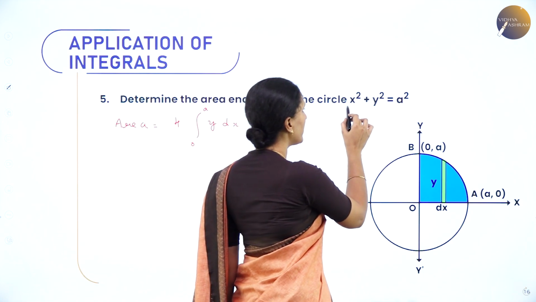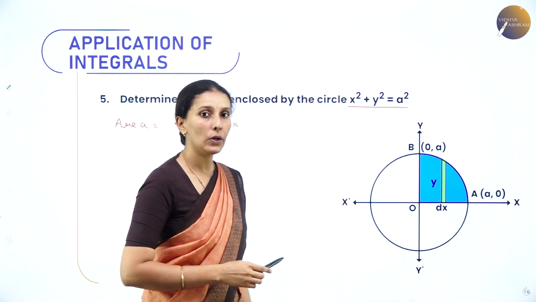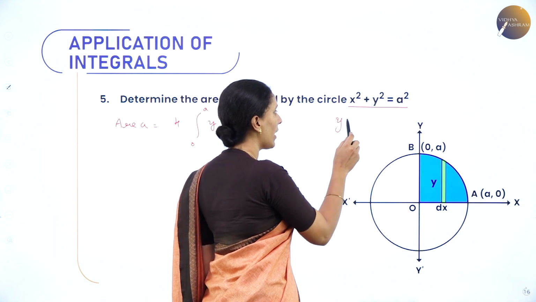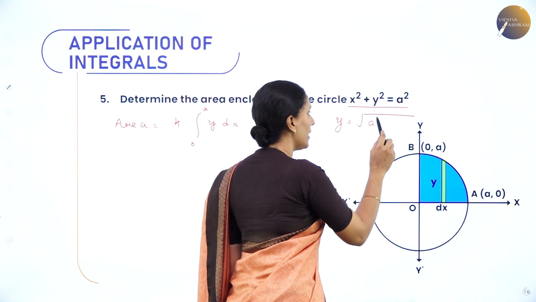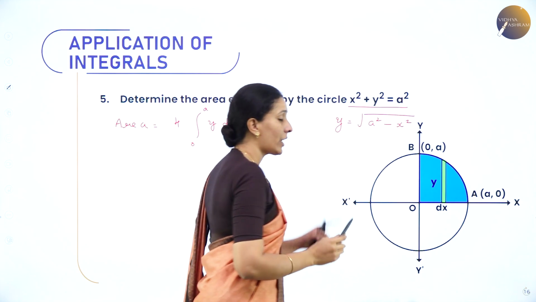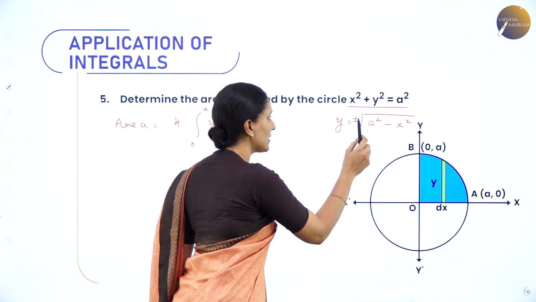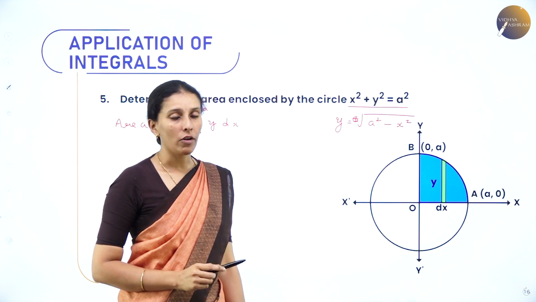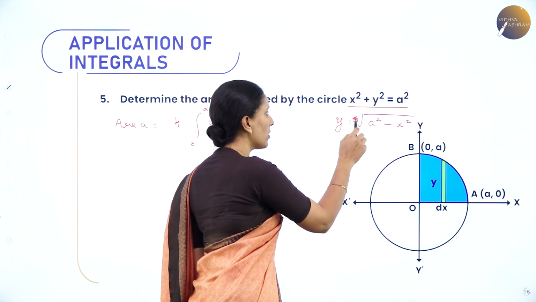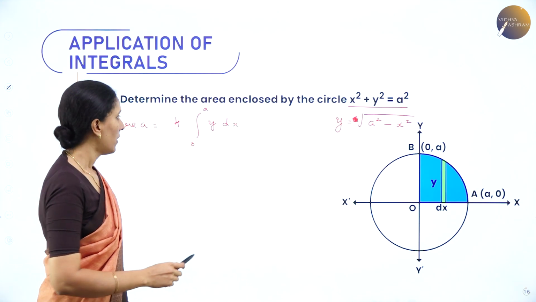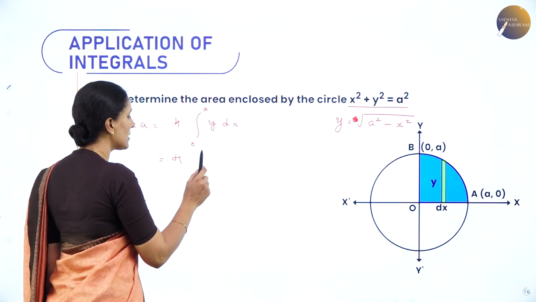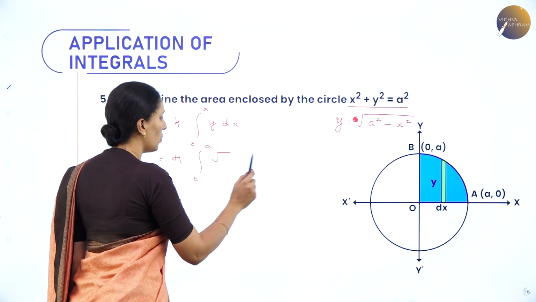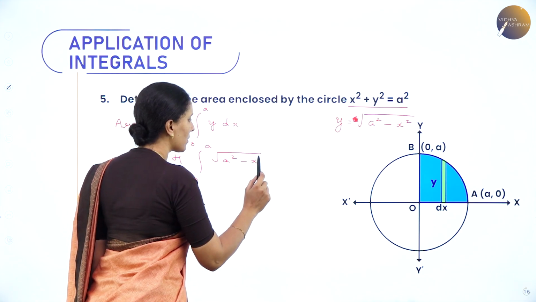We know the equation of the circle is x square plus y square is equal to a square. So if we want y, then it is root of a square minus x square. We cannot write plus or minus here because area is always positive. So let's take only the positive value of the square root. So therefore here again it is the integral from 0 to a of root of a square minus x square dx.